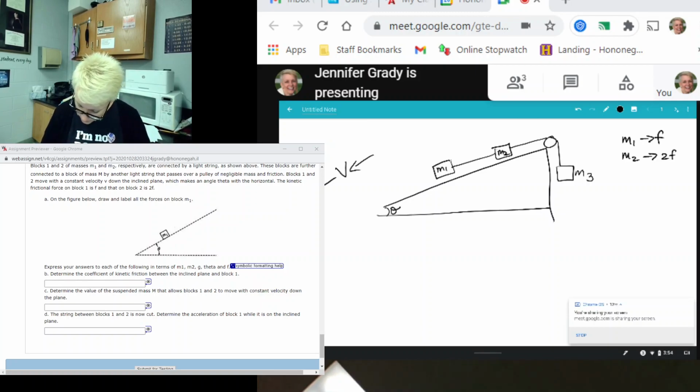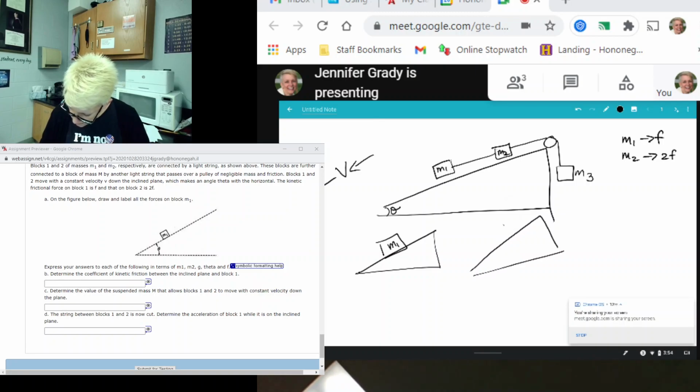So actually, I would suggest 3 free body diagrams. And then we should have one for the hanging block. All right. Before we worry about any of this stuff, let's just work.